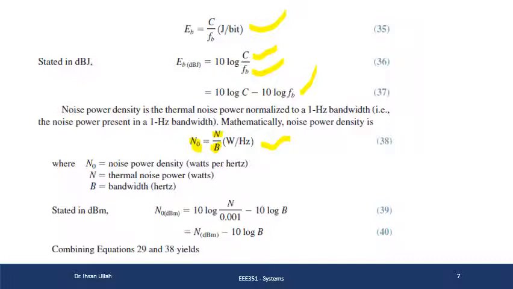Now, if you want to convert it into dBm, you can use the log formula, and since they are power, it is going to be 10 log. The thermal noise power in dBm minus 10 log of B. This way you are going to compute the noise power density in dBm.